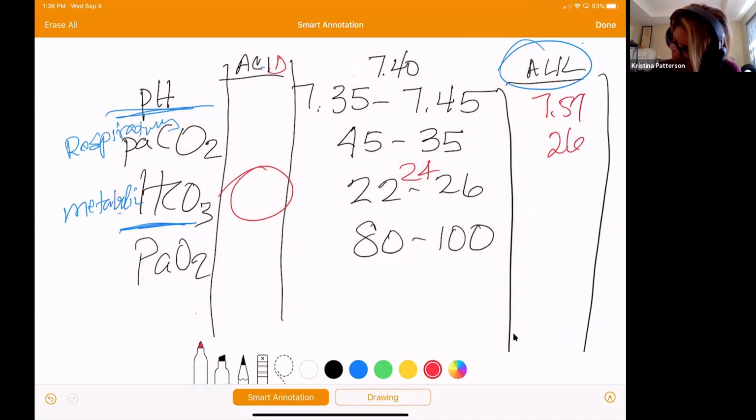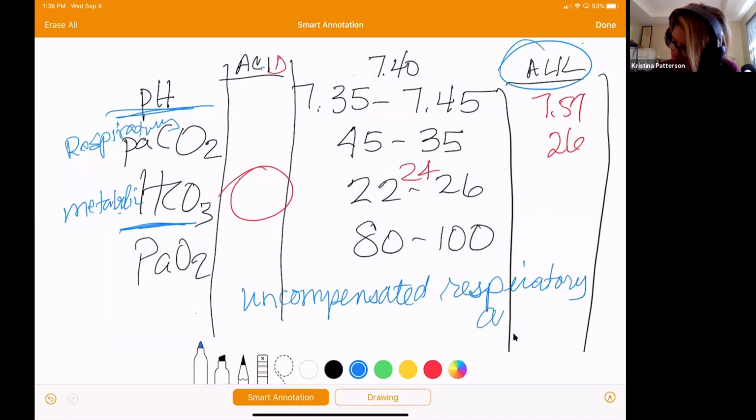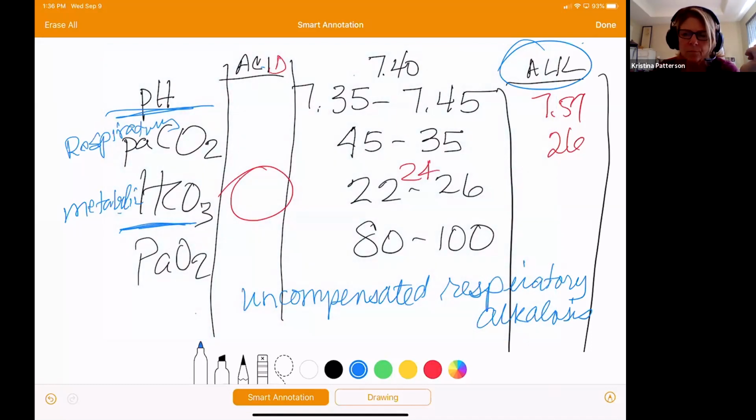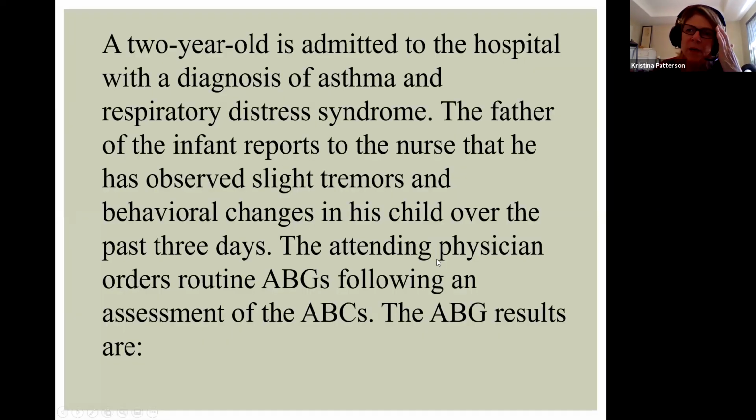All right, so we have an uncompensated respiratory alkalosis. Okay. All right, I'm pretty sure we have just one more, or maybe two.